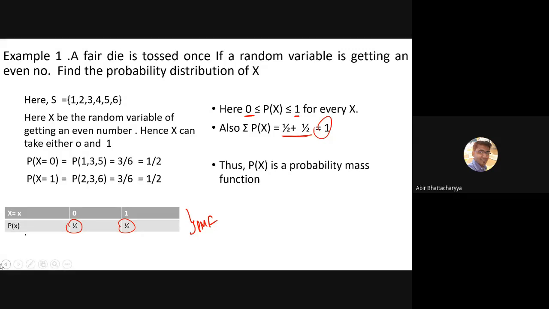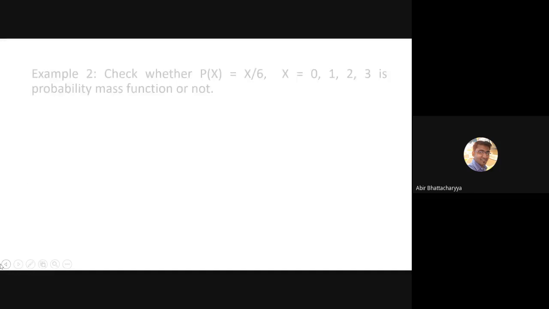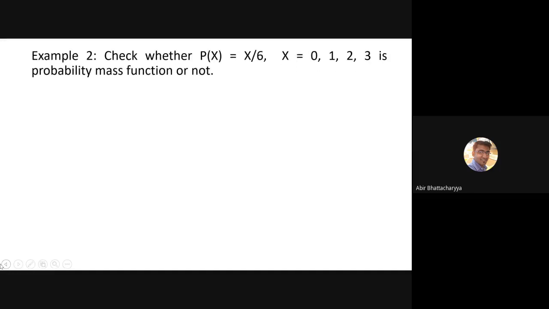All right. Let's go for the next example. Check whether P of x equals x by 6, with the value of x equals 0, 1, 2, 3, is a probability mass function or not. So what to do? The function is given here, f of x or P of x equals x by 6.